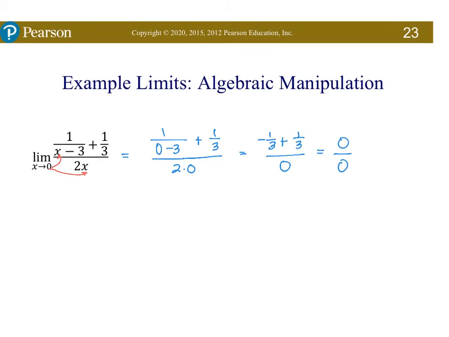So I start over with an equal sign, a limit approaching 0 in parentheses. It's like announcing to the world, I'm ready to do algebra. And my algebra this time is a common denominator between the terms of the numerator here that need a common denominator. So 1 over x minus 3, it needs the denominator 3 over 3.